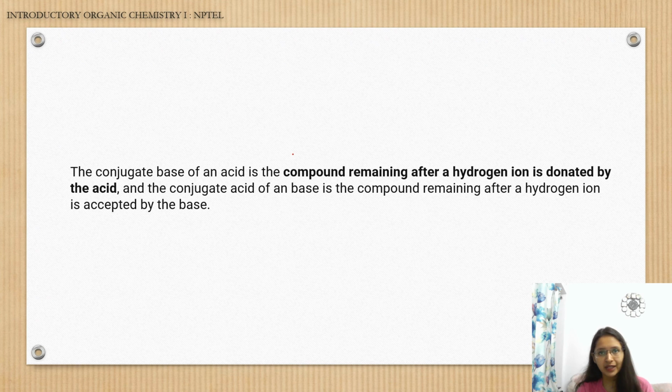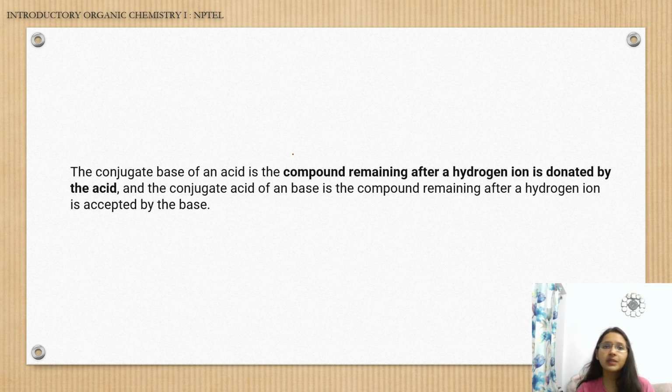So you can say that HSO4 minus is the conjugate base of H2SO4. So the conjugate base of an acid is the compound which is remaining after a hydrogen ion is donated by the acid. If the acid donates a hydrogen ion, the remaining compound will be the conjugate base of that acid, right?